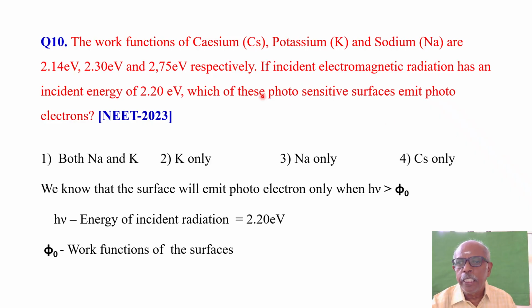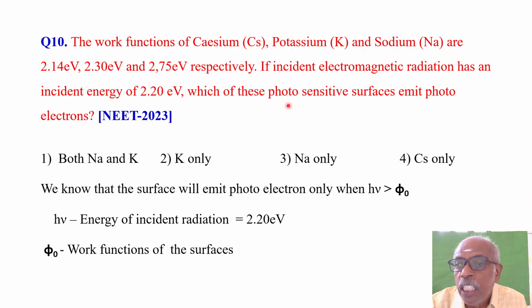The question is: the work functions of cesium (symbol Cs), potassium (symbol K) and sodium (symbol Na) are 2.14 electron volt, 2.30 electron volt and 2.75 electron volt respectively. It means for cesium it is 2.14, for potassium it is 2.3 and for sodium it is 2.75.